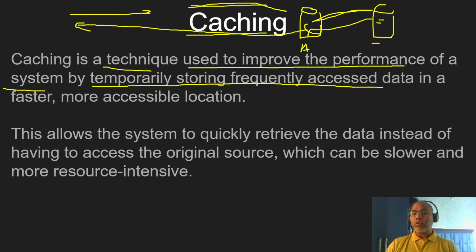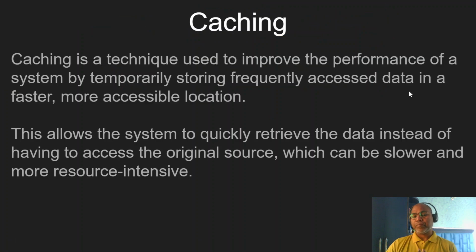Why not store that data and respond quickly? The objective is that whatever data customers frequently ask for, we can store locally, nearest to the customer location, so that our application responds quickly.